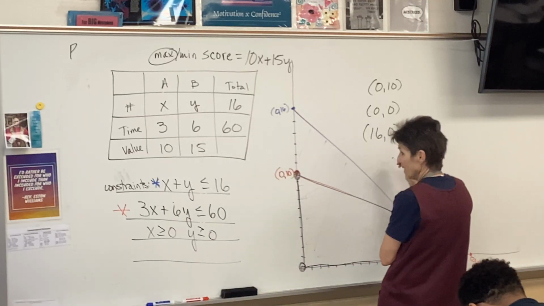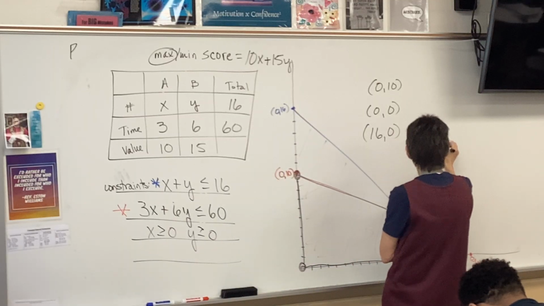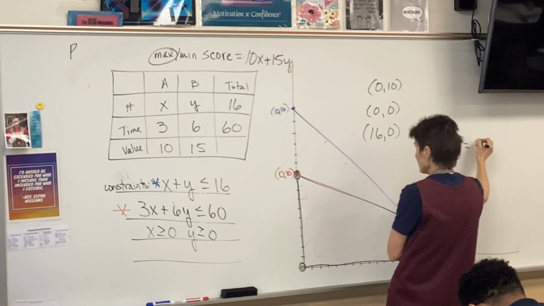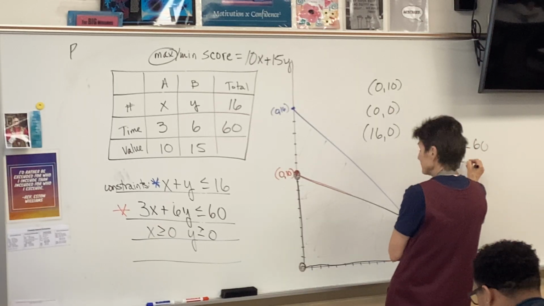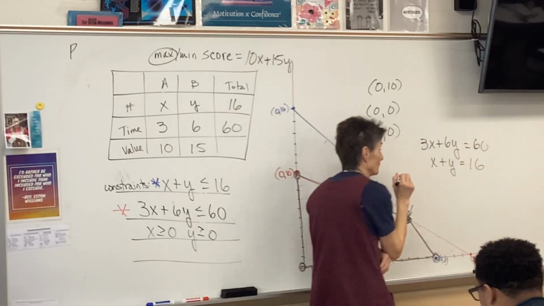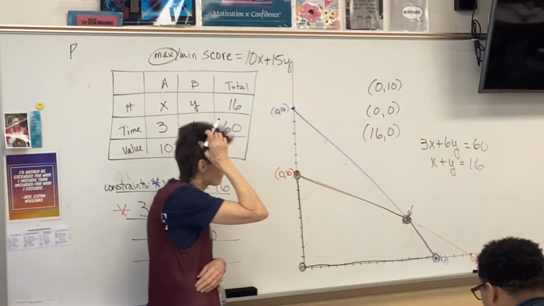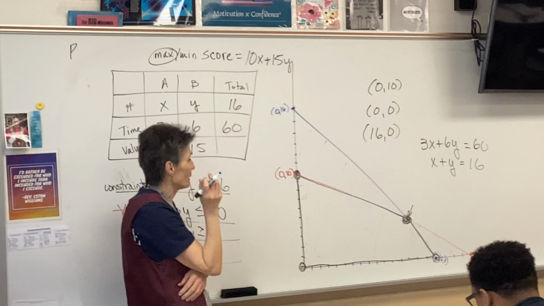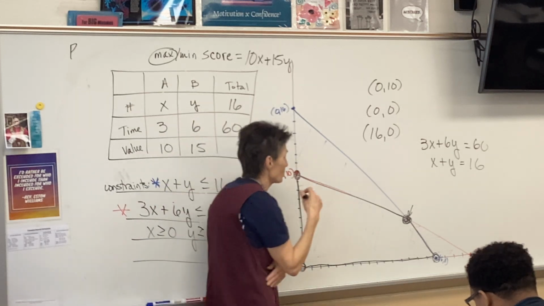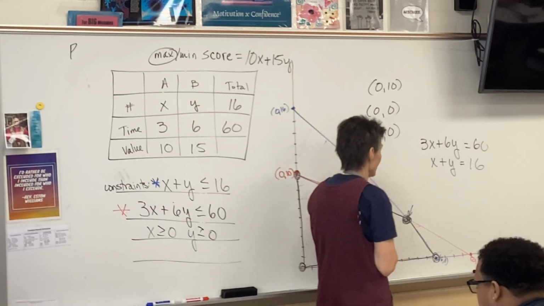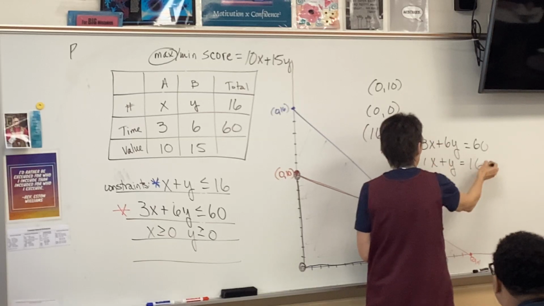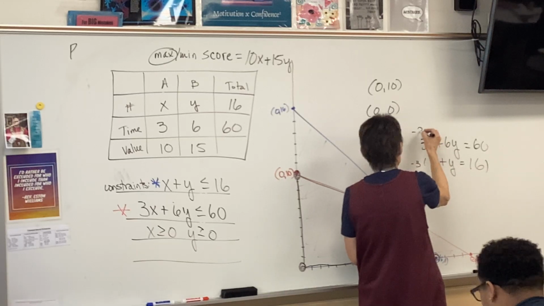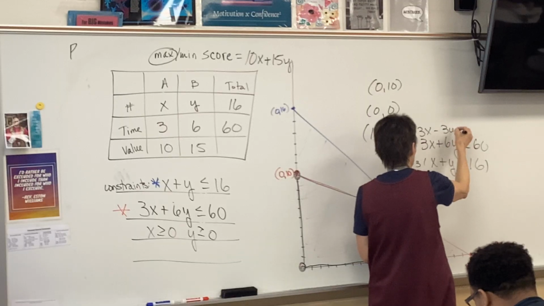I got my red line and my blue line, and I want to know where they cross. So you know me, I'm going to eliminate every time. So I'll multiply that one by -3. You can do it however you want, whatever works for you.